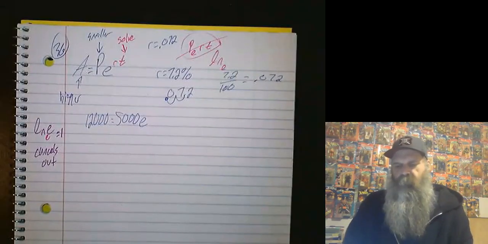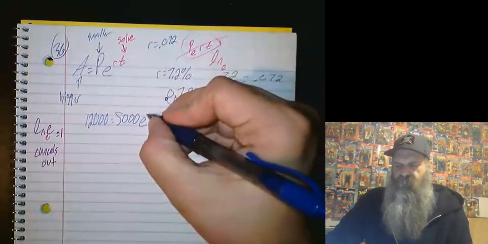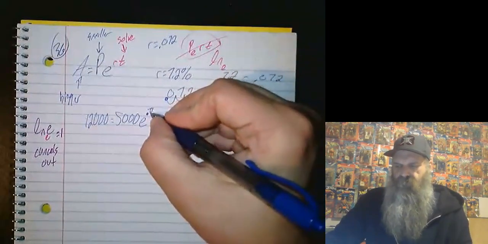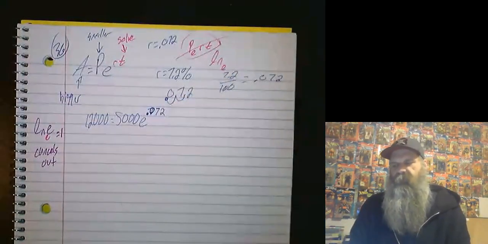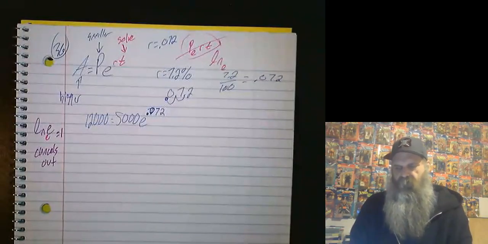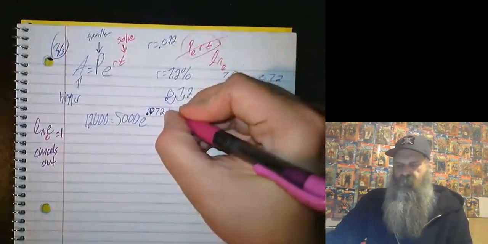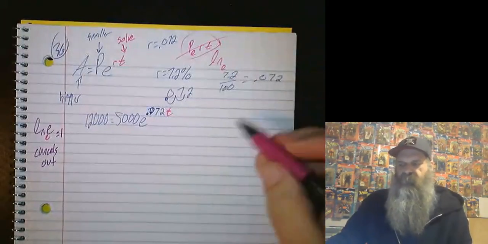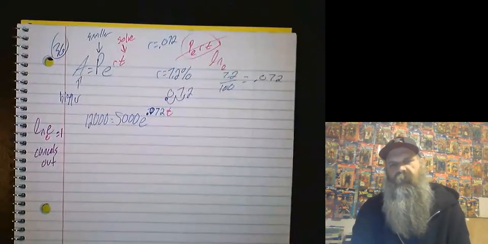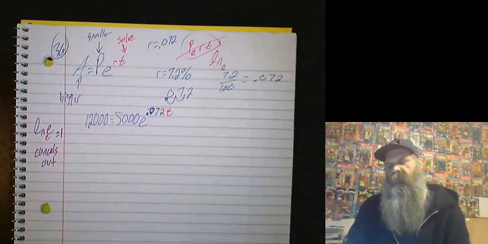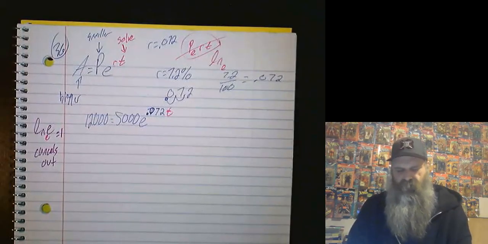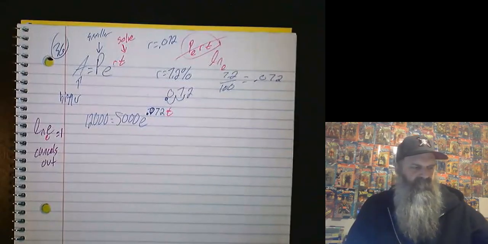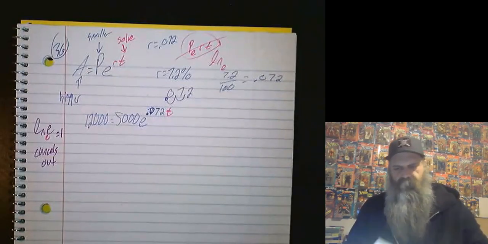And it's invested at 7.2%, which is anytime you plug a percent into a formula, you have to plug it in as the decimal. And T is time in years, so the answer is going to be in years. So T is what we are solving for. And the only way to solve for it is to take the log of both sides.